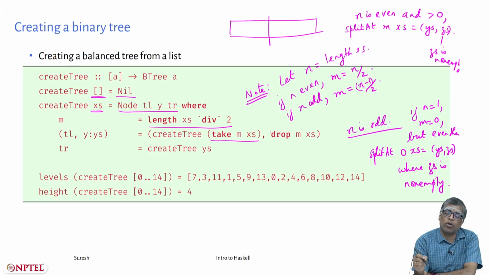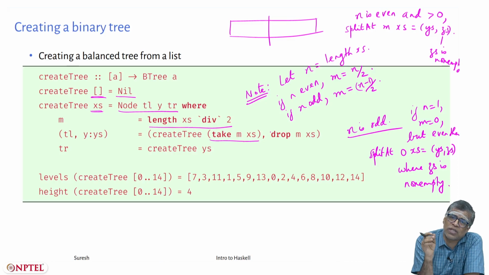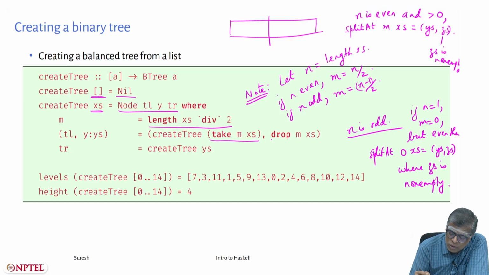So if you do split at m xs, or in other words, take m xs and drop m xs, the drop m xs will always be non-empty. Which is why I can say that TL is create tree of take m xs, and y colon ys is drop m xs.